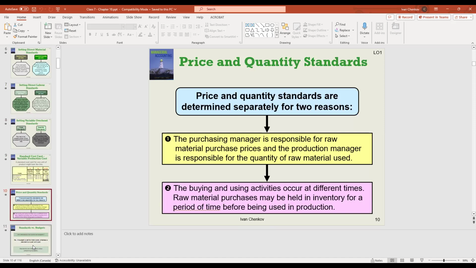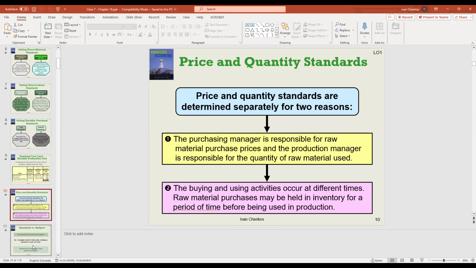Now, why do we have to prepare 2 standards? Obviously, because the cost has 2 components. One is the quantity, the other one is the price. Also, because we have different people responsible for different purposes.